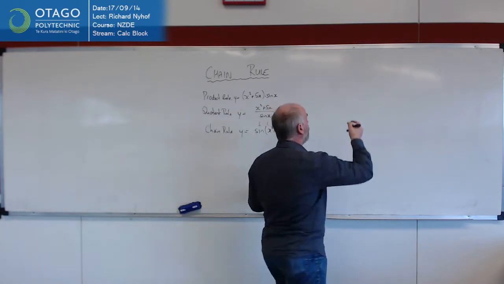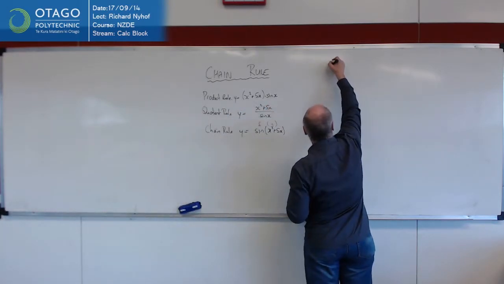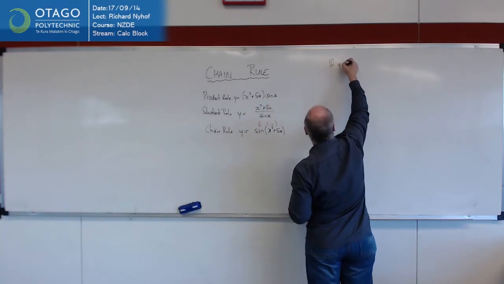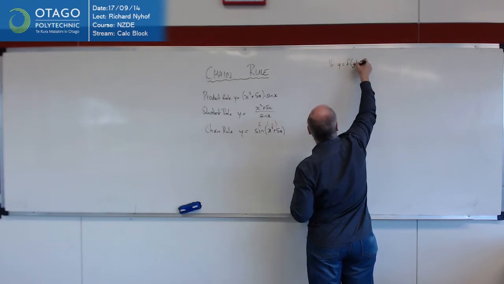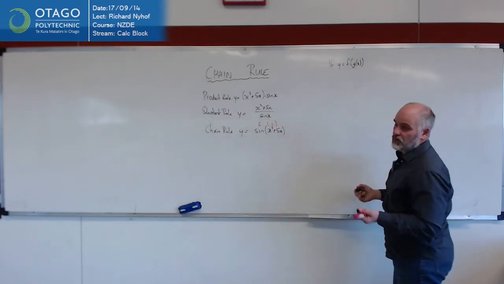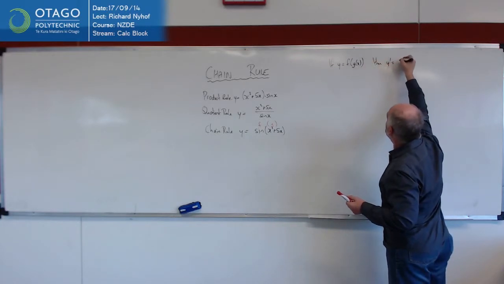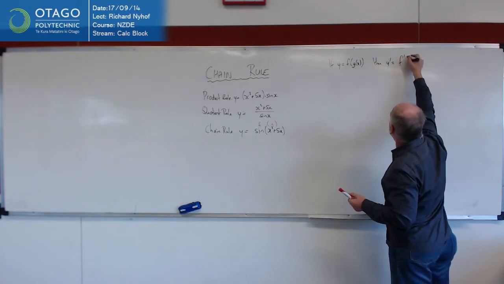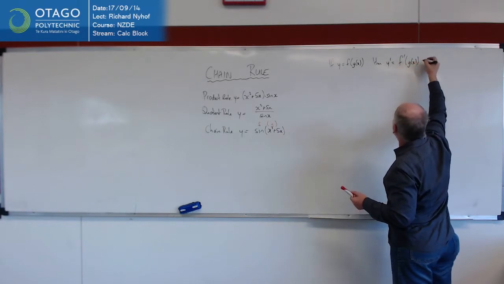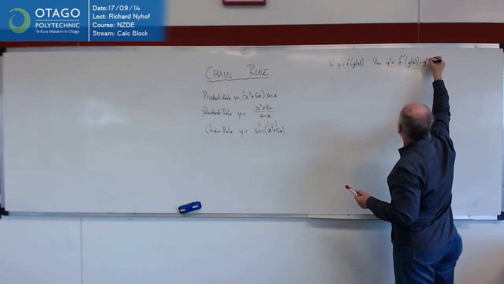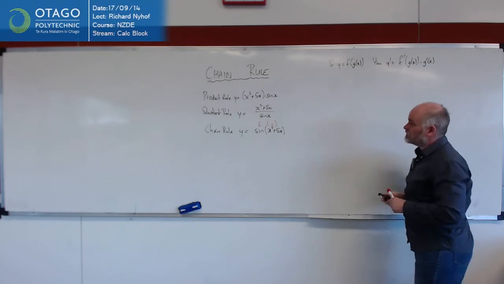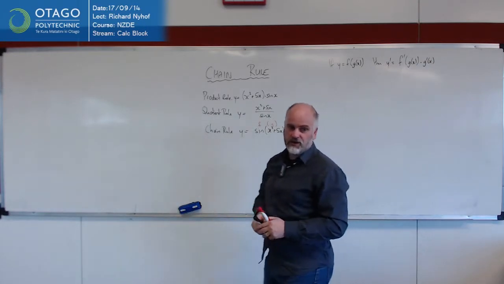There's a rule on your formula sheet again. It says if y equals f of g of x, then y dash equals f dash of g times g dash. Okay, so that's what the formula is telling us.